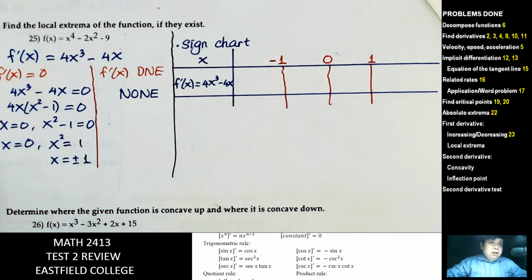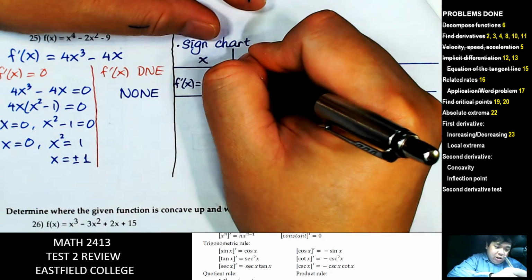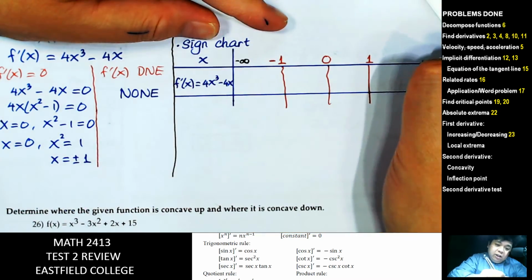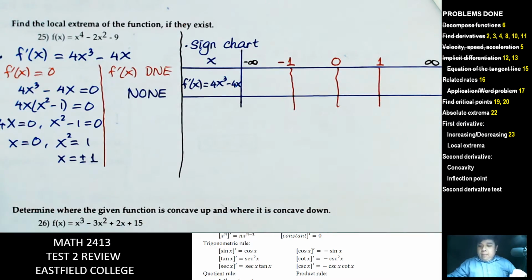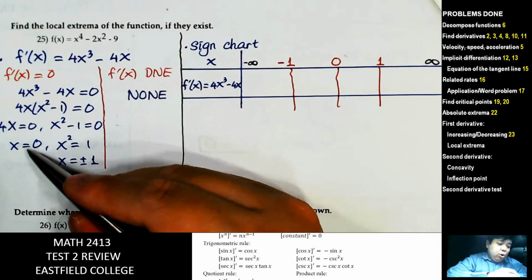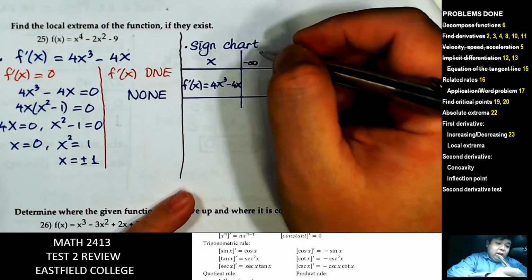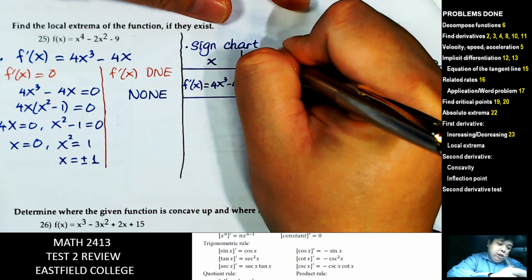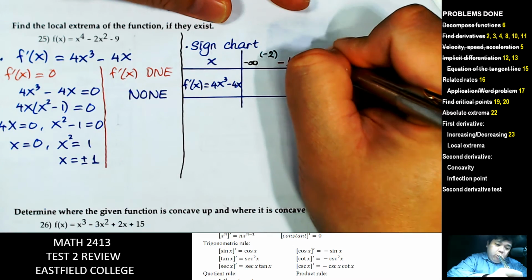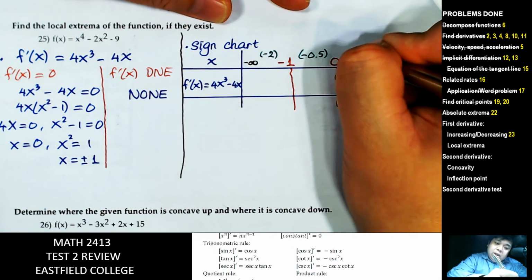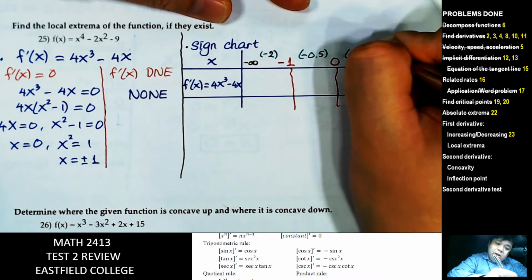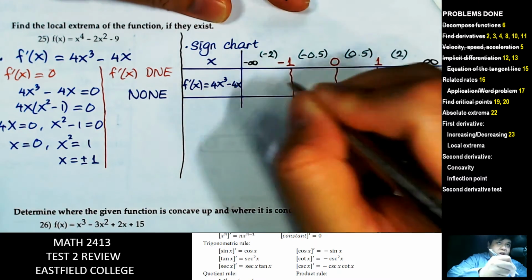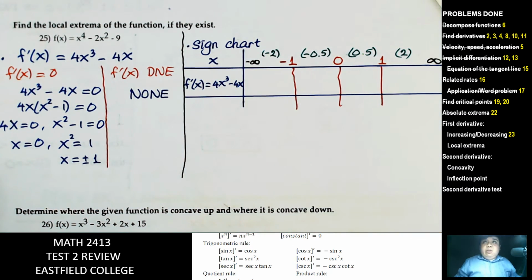We should have the number line, from negative infinity to infinity. Those numbers divide the number line. The test point has to be in between, so I will choose negative 2, negative 0.5, 0.5, and 2.